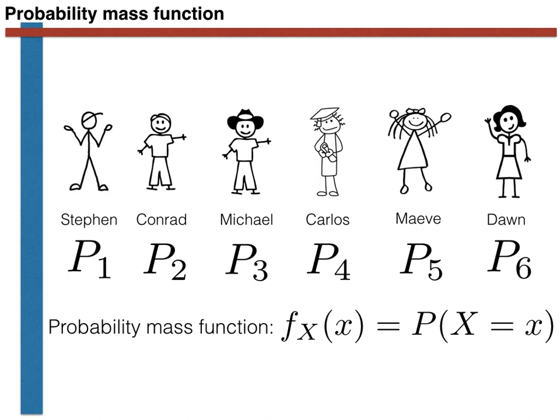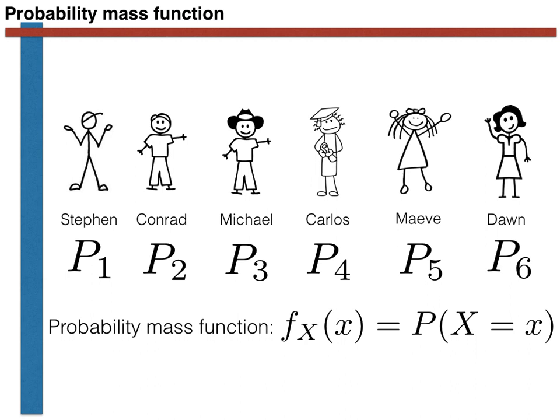Furthermore, the probability mass function is equal to the probability that the random variable capital X is equal to small x. For the experiment shown here, this random variable could be equal to one of the 6 different values, each of which correspond to picking one of the mutually exclusive outcomes that you could get by doing the experiment, i.e. picking Stephen, Conrad, Michael, Carlos, Maeve, or Dawn.